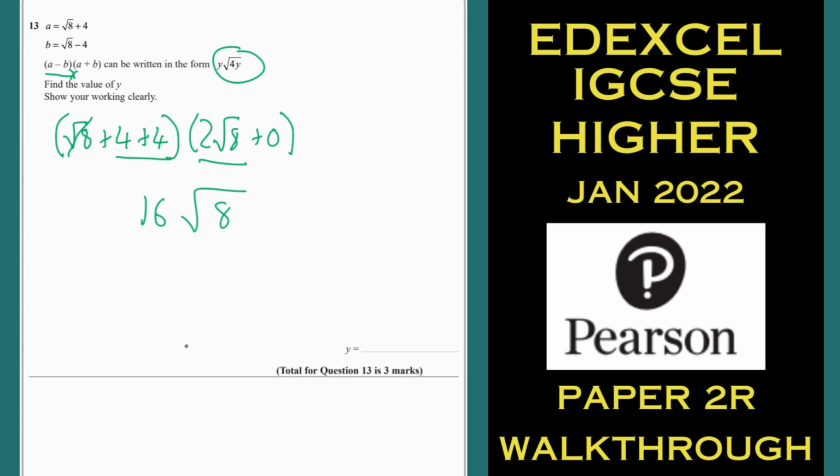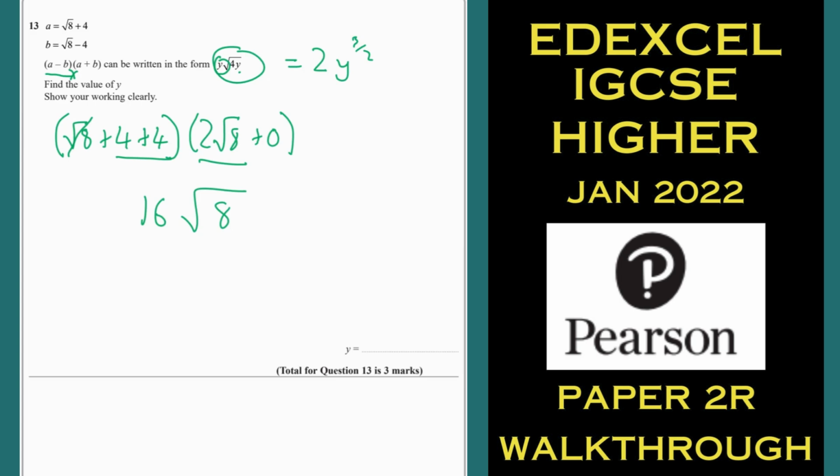It's saying that the number here that's times by 4 in the surd, in the radical, needs to be the same as the number here. Now you could, if you wanted to, use laws of indices, because really that's root 4 and so on. You've got y times y to the half.